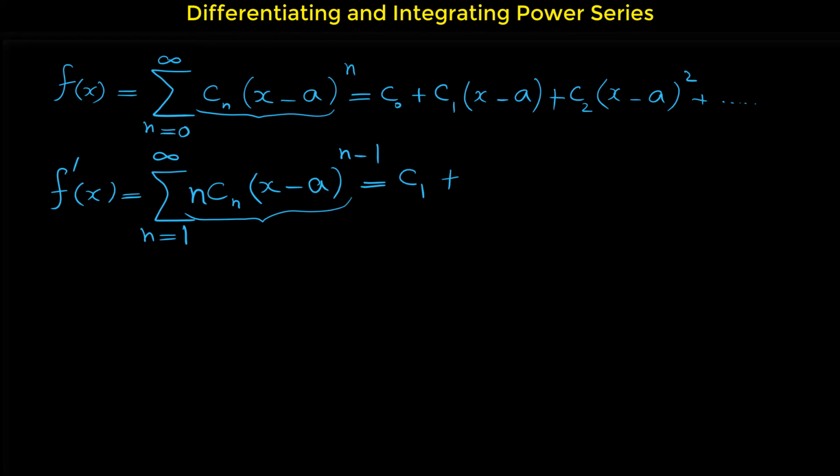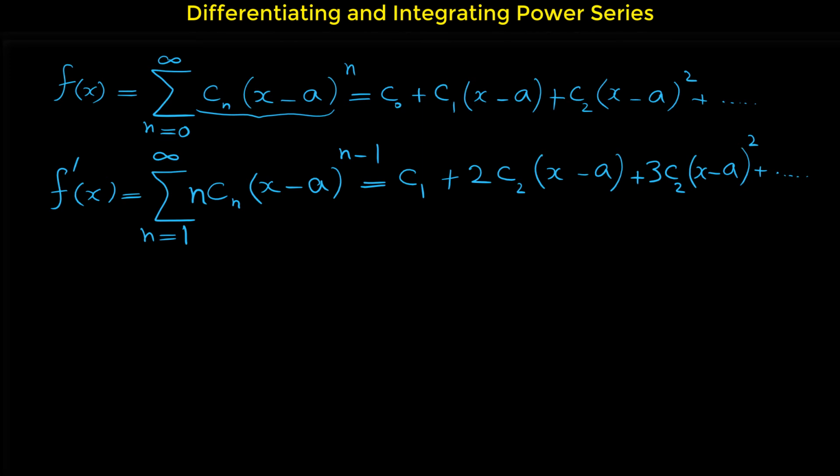The next term in the derivative is 2 c sub 2 times (x minus a). The third term in the derivative is 3 c sub 3 times (x minus a) squared, and so on.